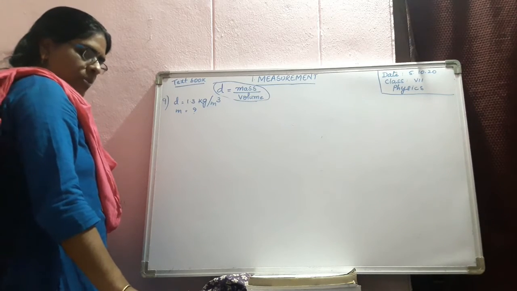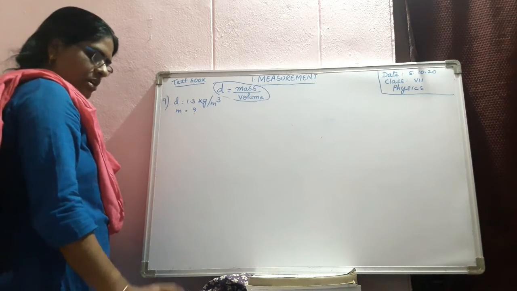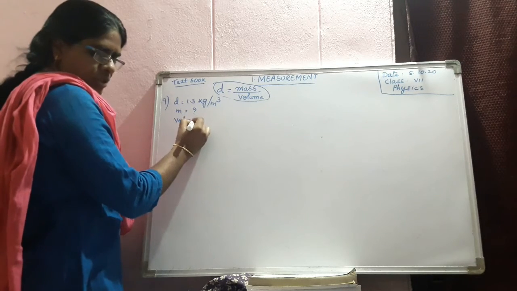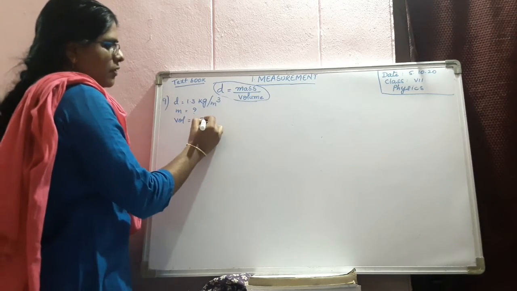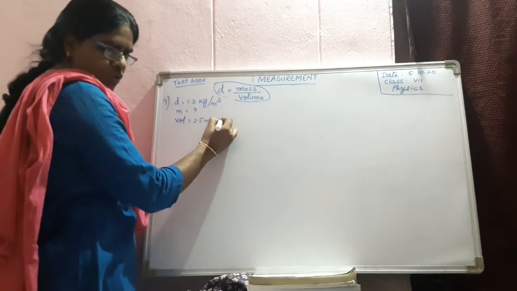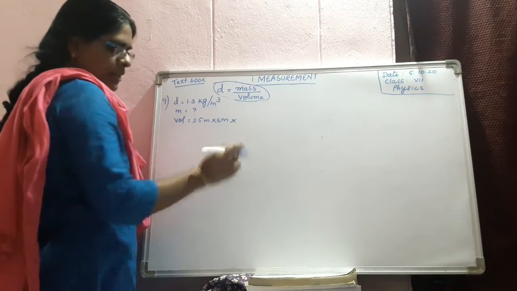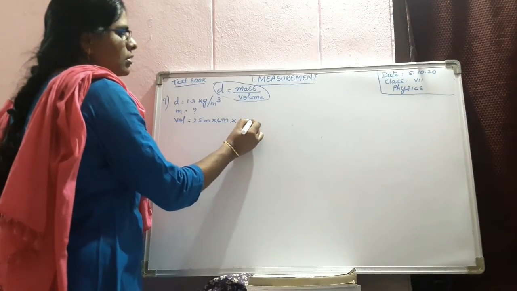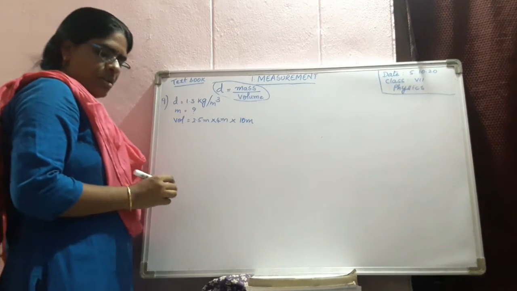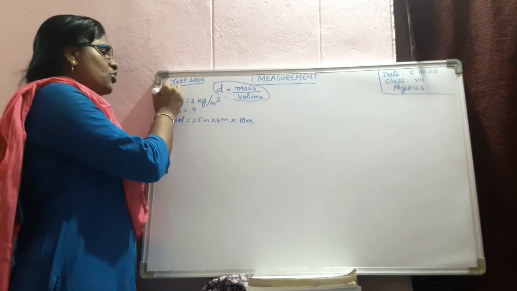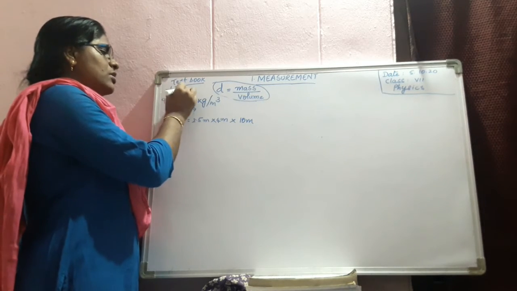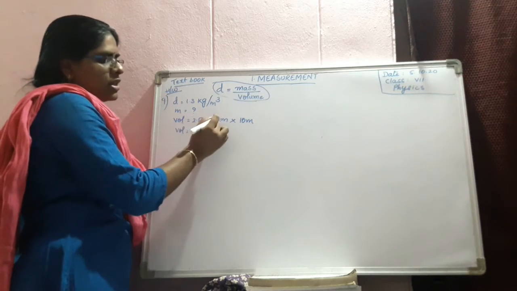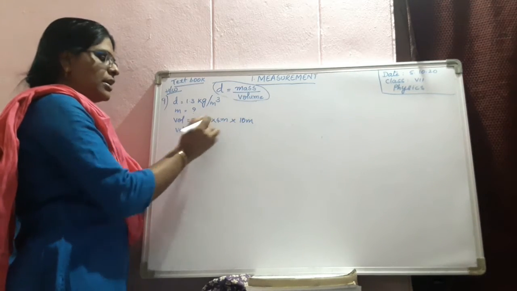In a room measuring 2.5 meters into 4 meters into 10 meters. See children, you do this for homework. Volume is length into breadth into height.